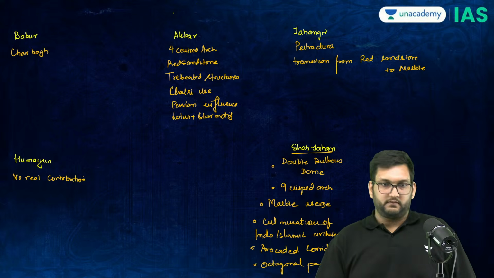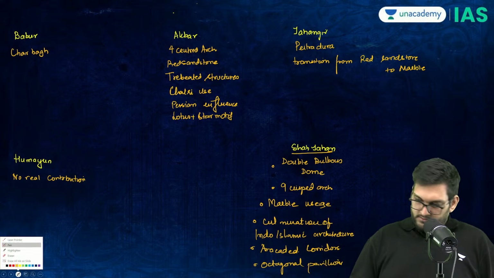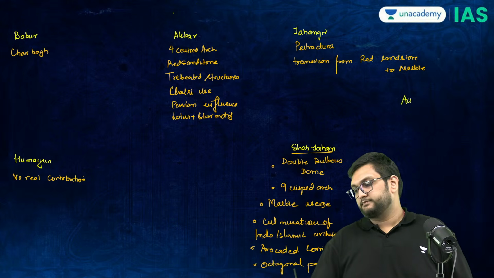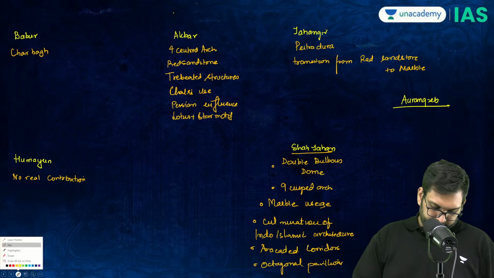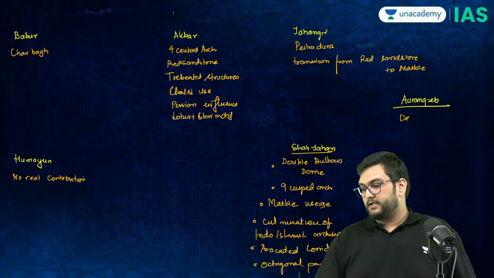And when we have Aurangzeb, we have what is called the decline phase.